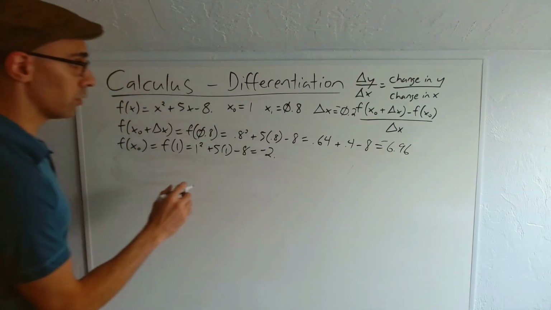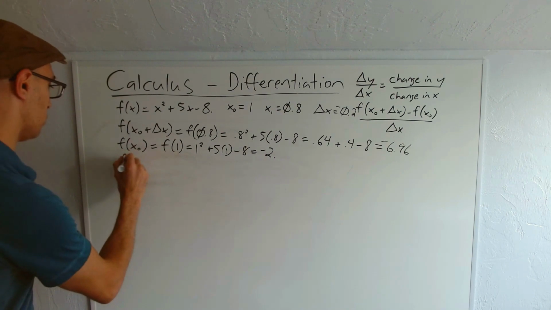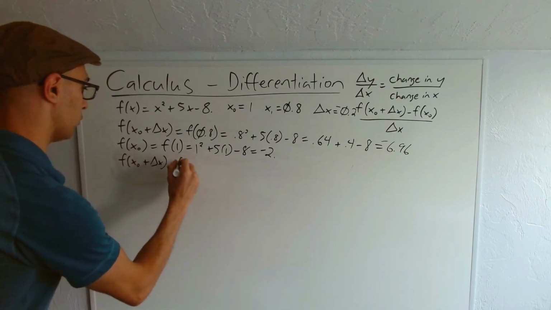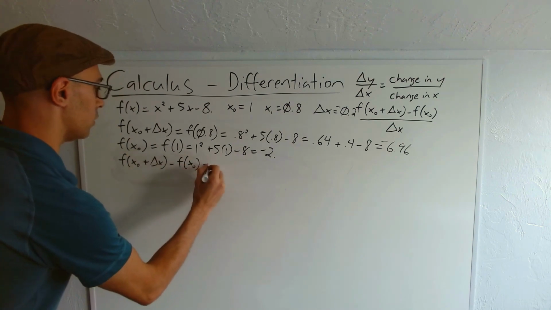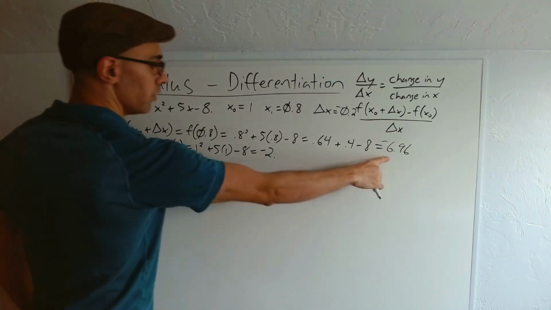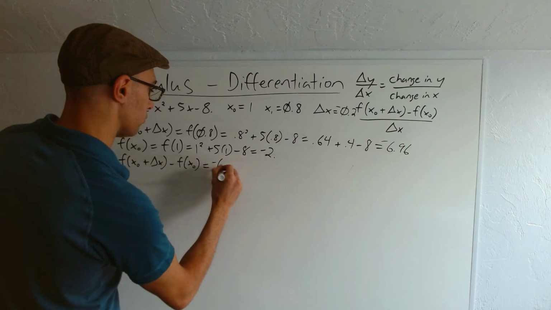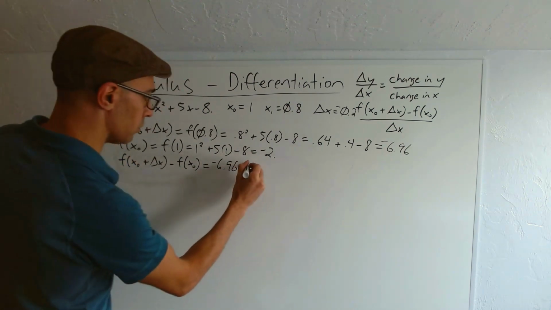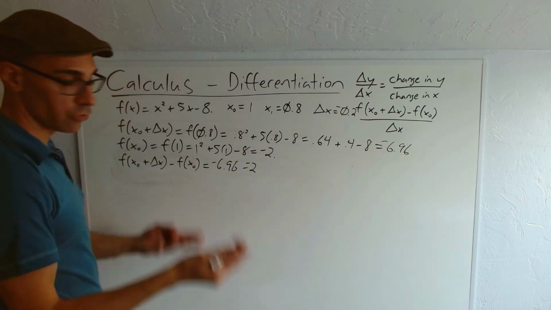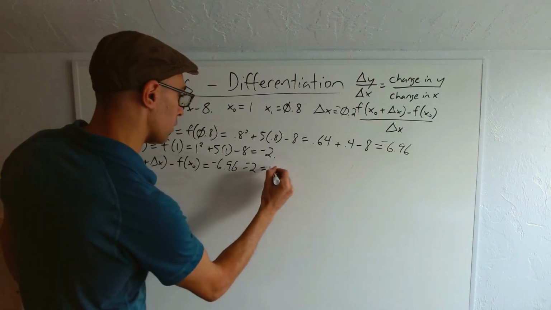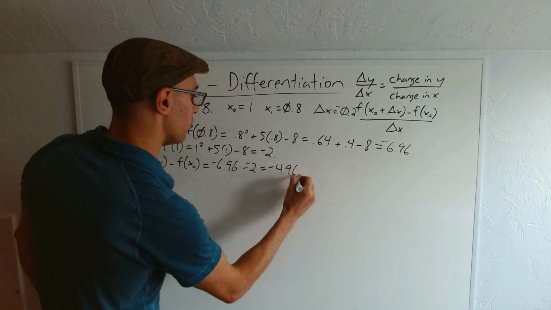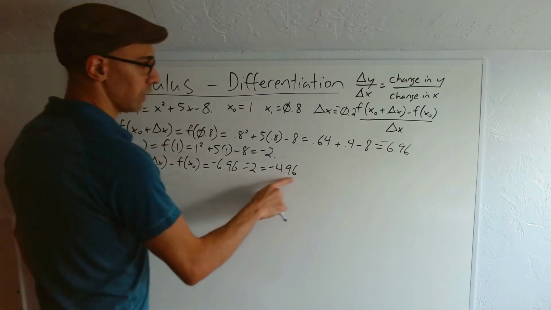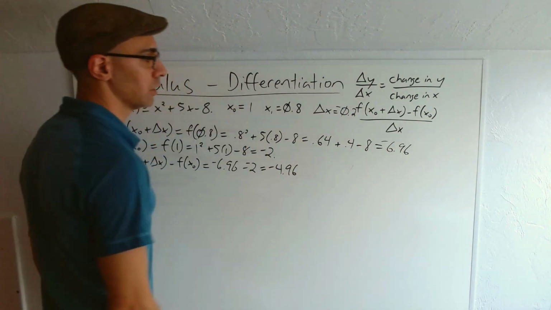All right, so we found that f of x naught plus delta x minus f of x naught is this minus this. It would be minus a negative, which is adding a positive. So it would be negative 4.96. So that's the top half of this formula here.